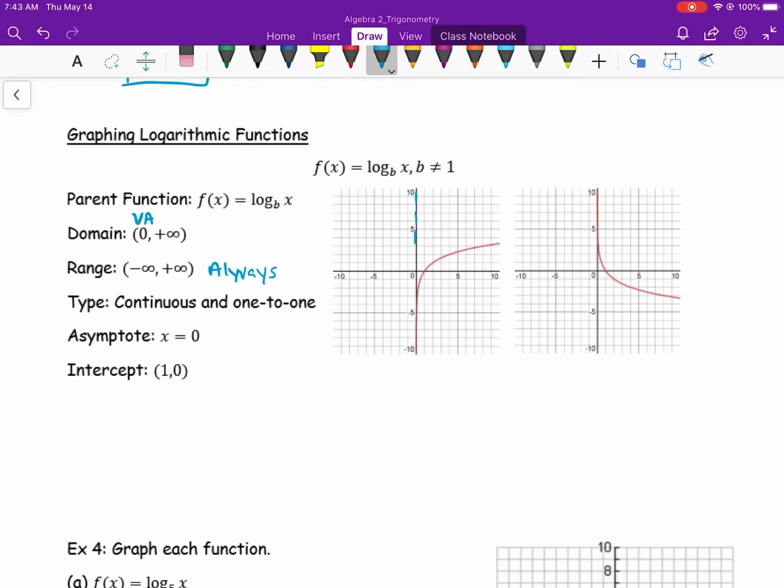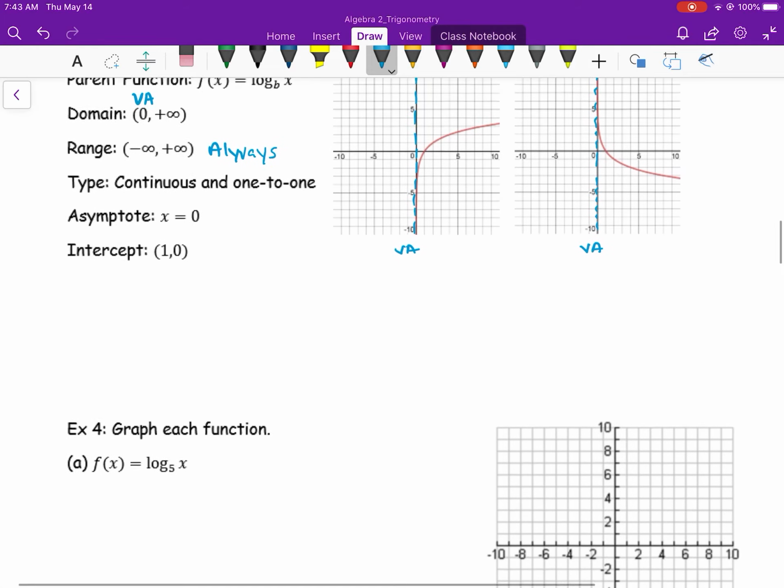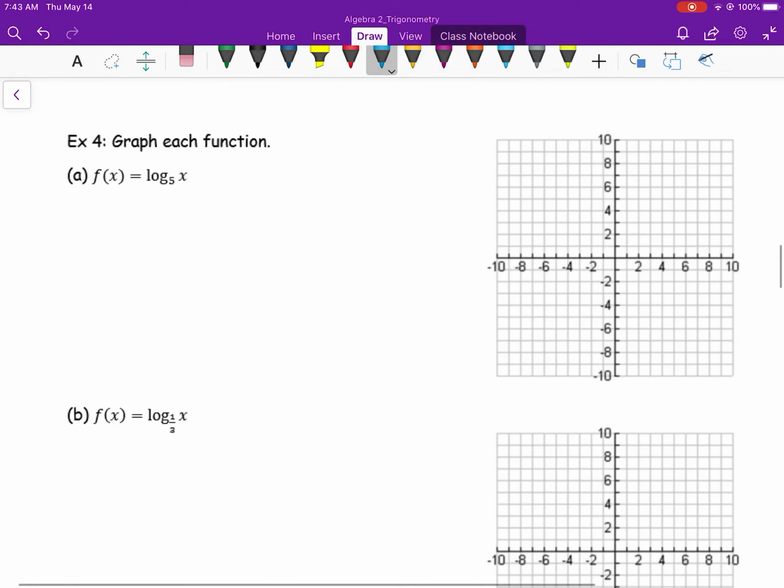Like I said before, instead of our x-axis being the asymptote, it's my y-axis. Vertical asymptote. Now these will shift when we have our standard form. Okay, so moving on. I'll make a Desmos video and post that as well.